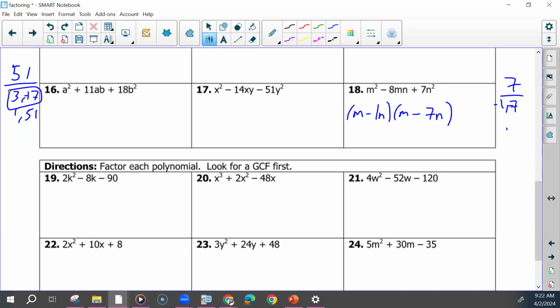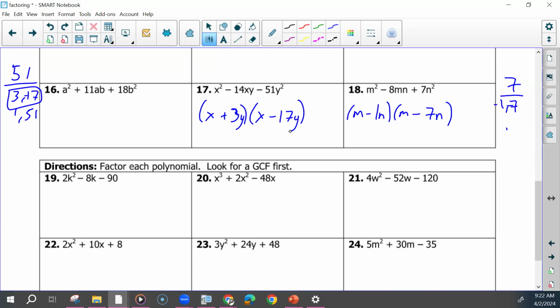So then our two factors would be x minus, I'm sorry, plus 3y and x minus 17y. Then if we were to distribute that back out, we could see that we get the same.